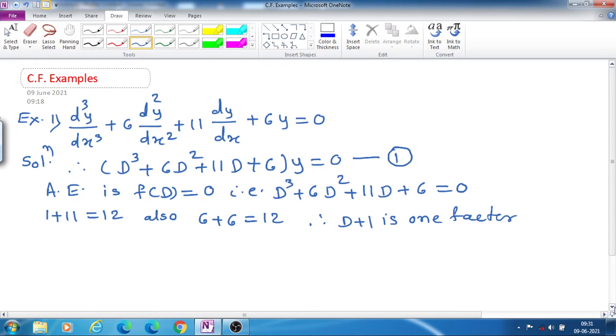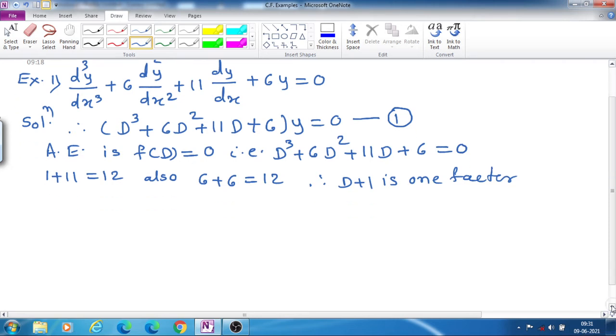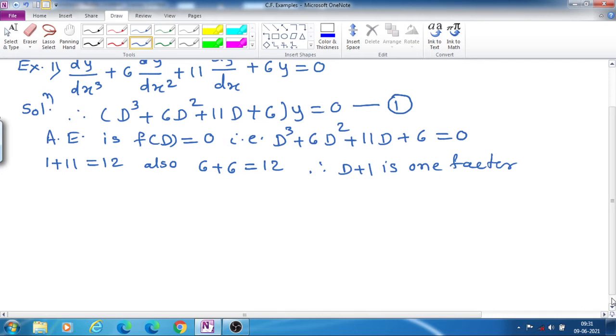So to find next factor we use division method. So for that we write here coefficients of the equation. So first coefficient is 1, second is 6, third is 11 and fourth is 6.